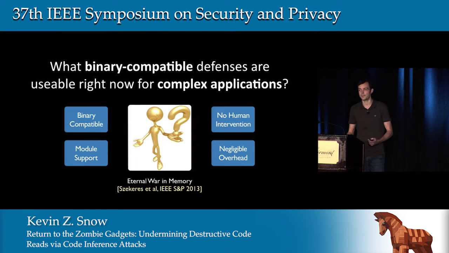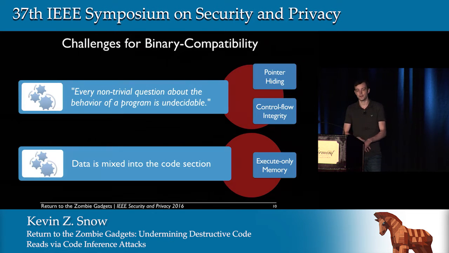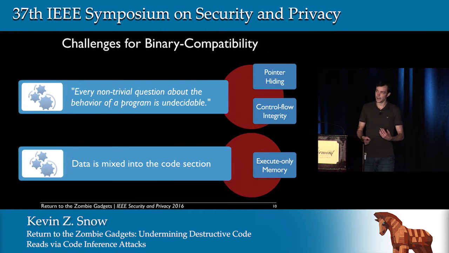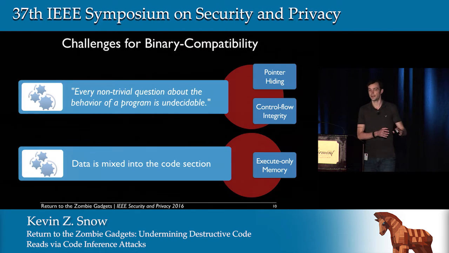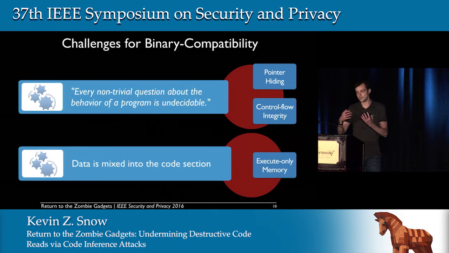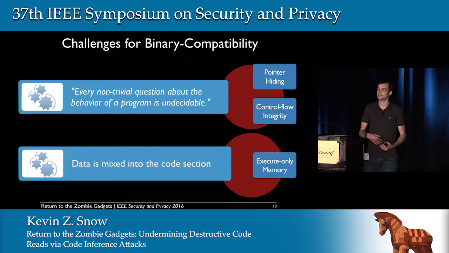When we looked at all the defenses that were out there, unfortunately, nothing met all of these requirements. There are a lot of defenses that do a great job of enforcing really strong security policies, but they require being embedded at the compiler level, requiring access to source code, or requiring debug information. So that's one direction a lot of defenses are taking. On the other hand, you have defenses that are trying to be compatible with applications, like the last CFI defense. But the problem for us with this sort of defense is that in order to be binary compatible without using source code, all of these defenses require a large amount of static program analysis.